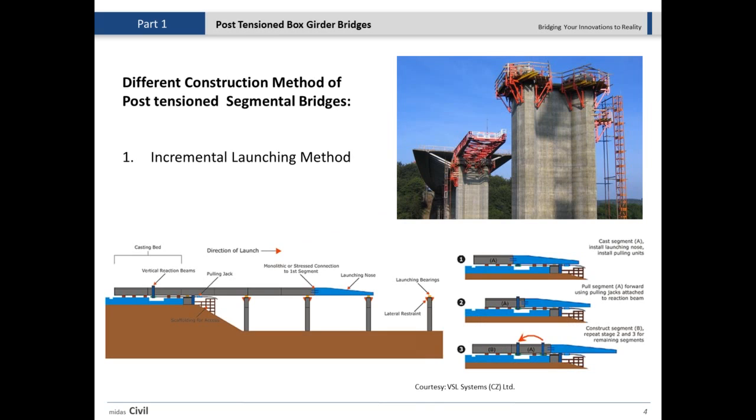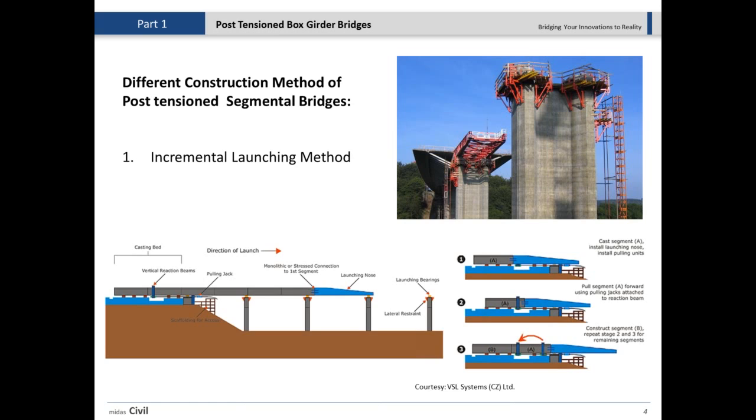So coming back to the post-tensioning, there are actually different construction methods for building these post-tension box girders. I listed a couple of those here, and we're going to quickly talk about them, seeing the advantages or benefits of each one.